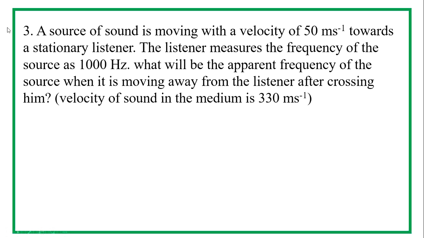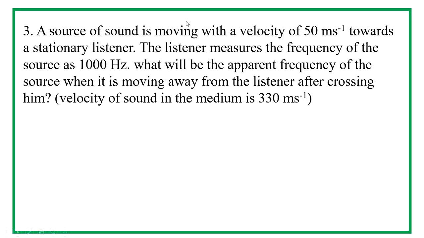Question number 3. A source of sound is moving with a velocity of 50 ms minus 1 towards a stationary listener. The listener measures the frequency of the source as 1000 hertz. What will be the apparent frequency of the source when it is moving away from the listener after crossing him?